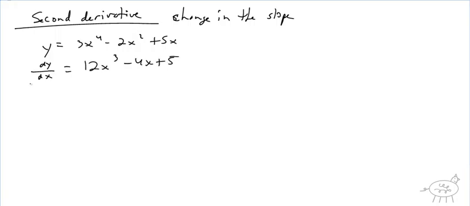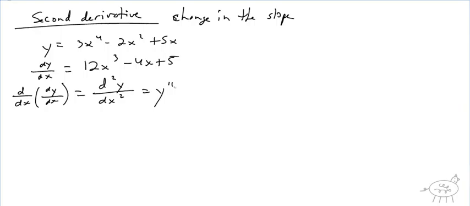And then the way we say second derivative, it's really the derivative d by dx of dy dx, which you write as d squared y over dx squared. And another way to look at that is y double prime, because this was y prime here. But that's how you write the second derivative.